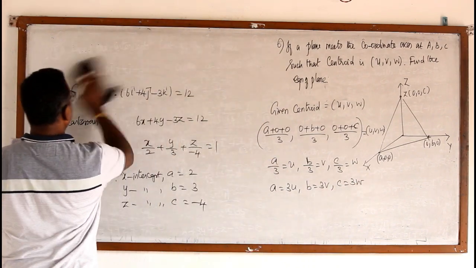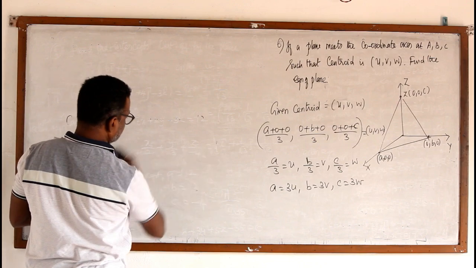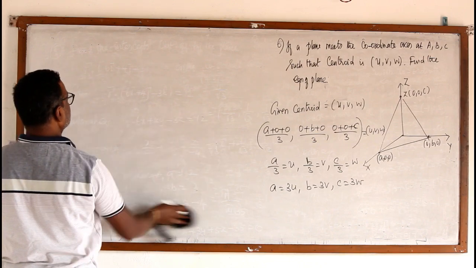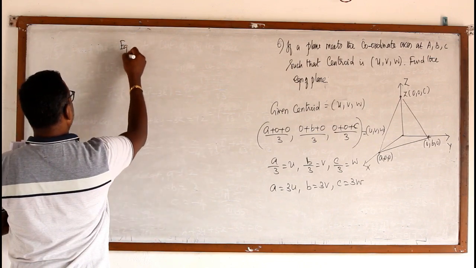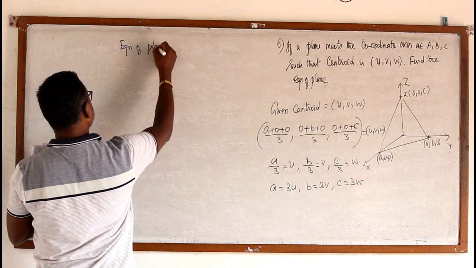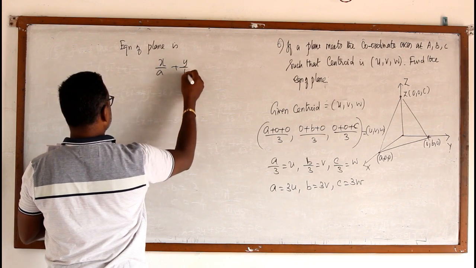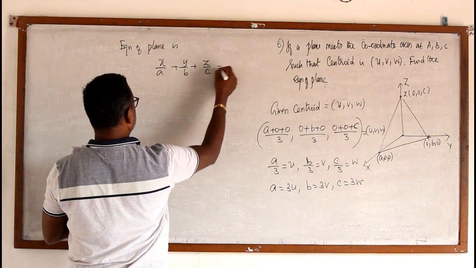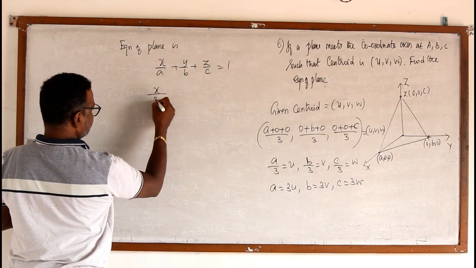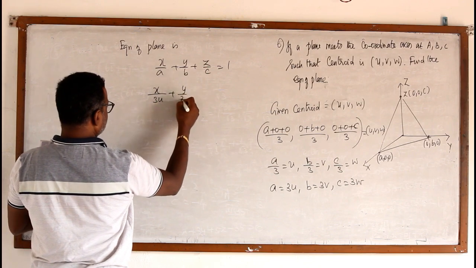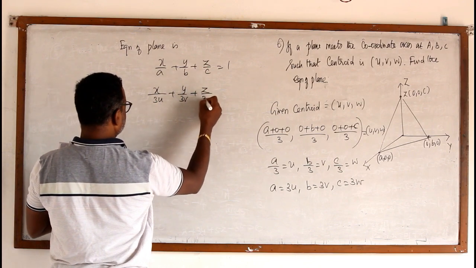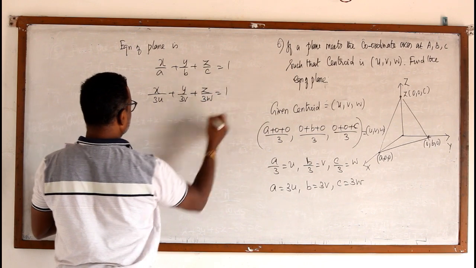Then the equation of the plane in intercept form is x by A plus y by B plus z by C equal to 1. That is x by 3U plus y by 3V plus z by 3W equal to 1.